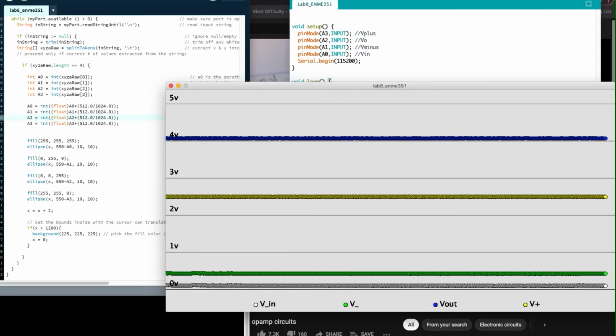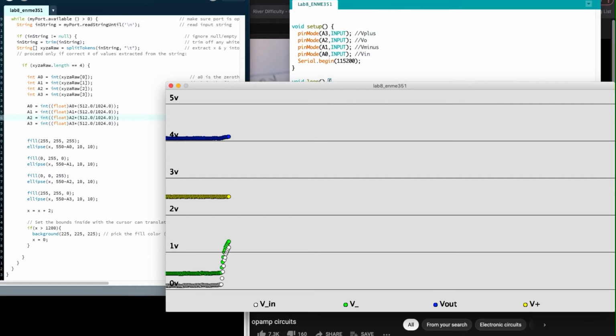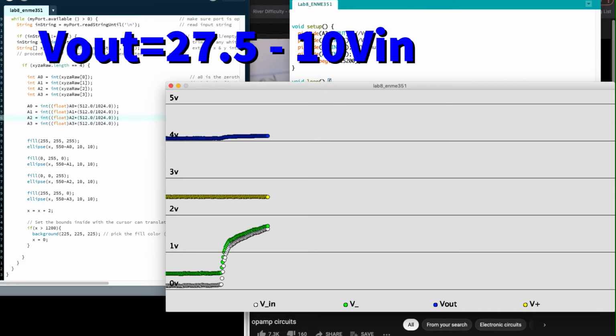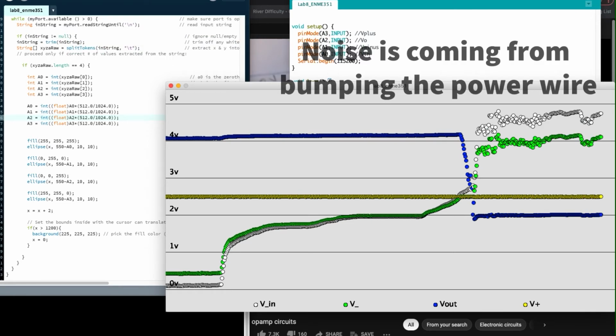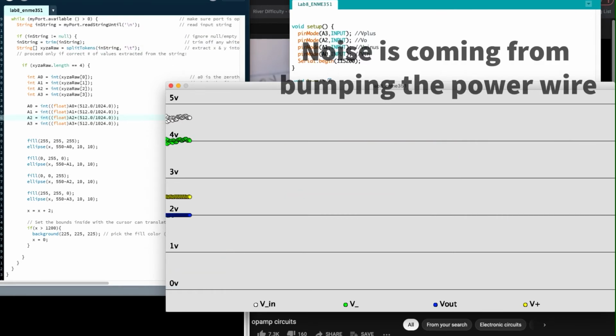We can tell that it's inverting because when V in is below the reference voltage, in this case V plus at 2.5 volts, then our V out is above, and when we move our input voltage above that reference voltage, our V out is hence below.